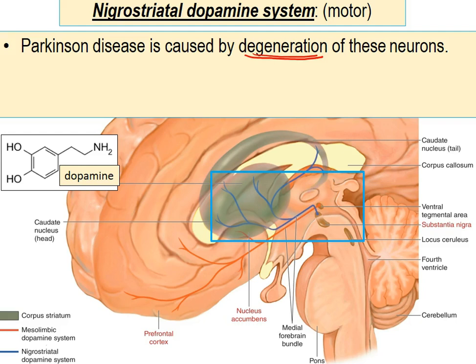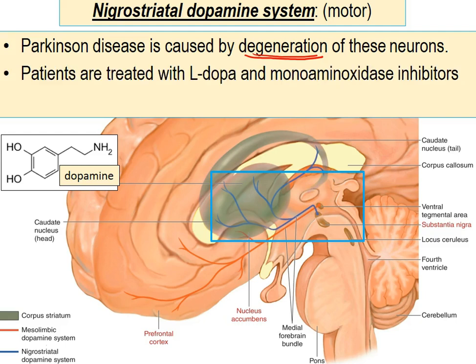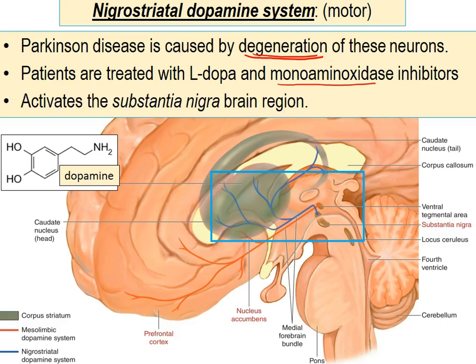They're involved in motor control, and because we know that they are stimulated by dopamine, patients with Parkinson's disease are treated with L-DOPA, which is a precursor to dopamine that is able to cross the blood-brain barrier, and also monoamine oxidase inhibitors, which would keep dopamine in the synapse for a longer length of time. Okay, and so this is going to activate the substantia nigra.